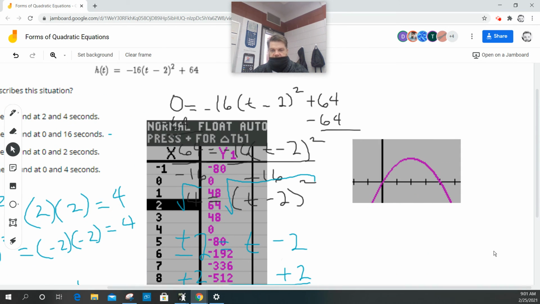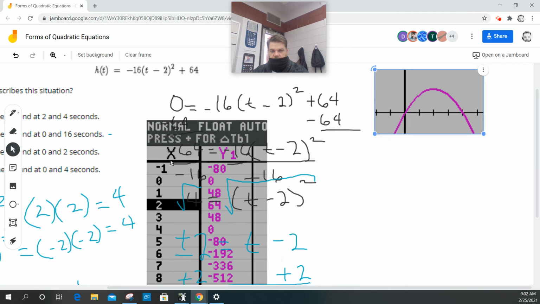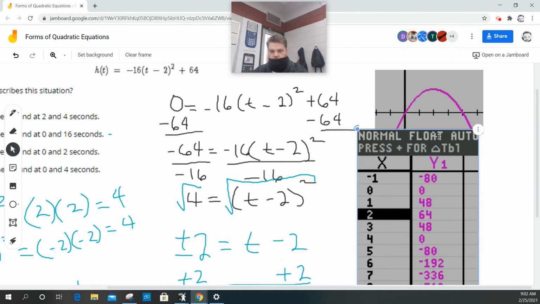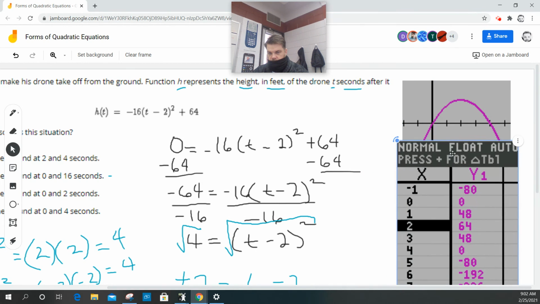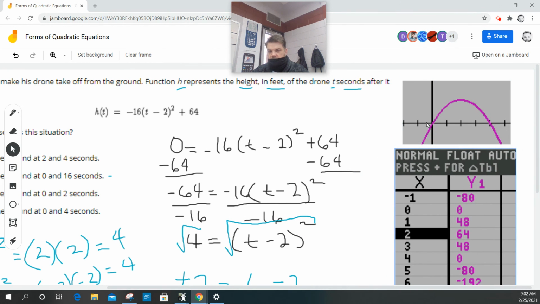So let's look at that again real quick, and then we'll unpack it. All right. Let me slide these up here. So sketch this graph.